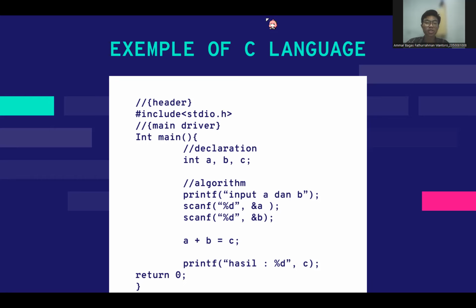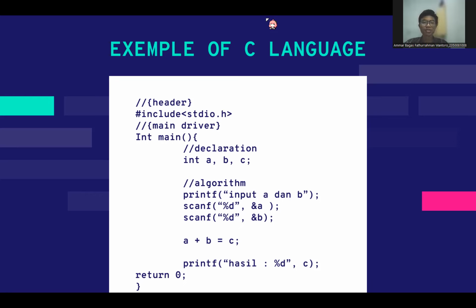So this is the declaration, and this equals A times A plus B. So this is a mathematic operation. A minus B, A times B, and then this is printf, hasil tambah is the output for hasil tambah. So A and B is plus, and then the output is in here.